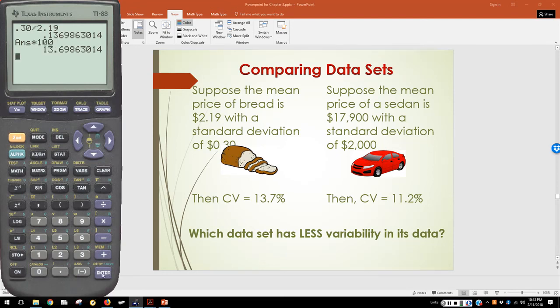That's 13.7%, whereas for the car, the standard deviation was 2,000 divided by 17,900 times 100 to convert it to a percentage, and it was 11.2%. So actually, the car has less variability in its data than the price of the bread does.